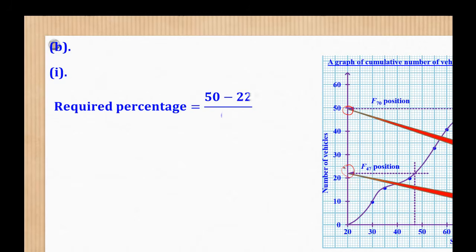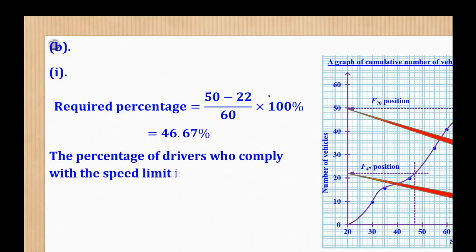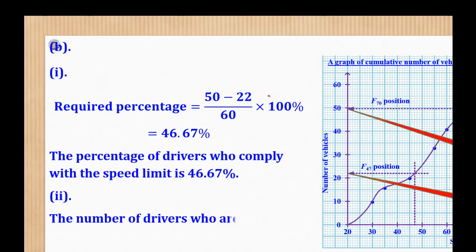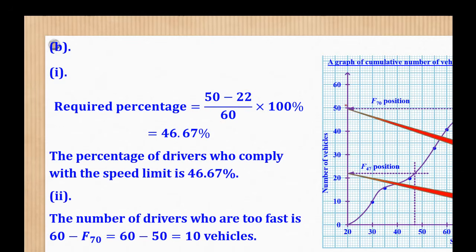So the required percentage is those moving within the speed limit over the total number of vehicles times 100% to give you the answer. Then those who are too fast are those above this, from here up to here, which is 60 minus 50 to give you 10 vehicles.